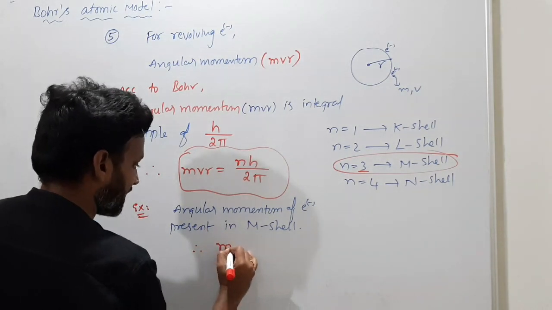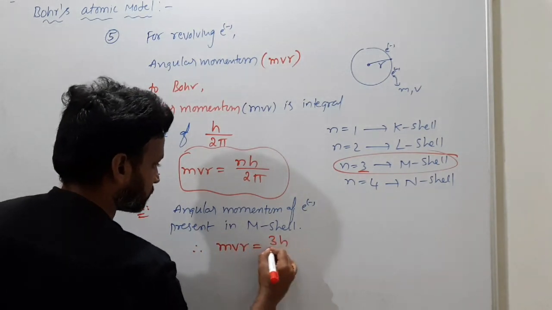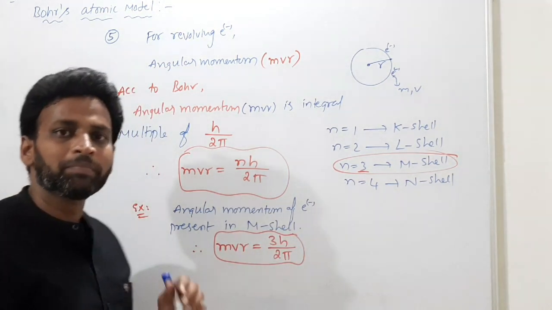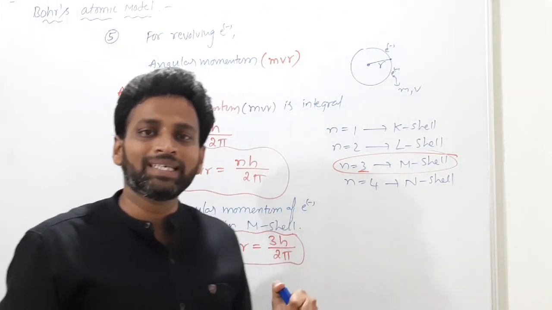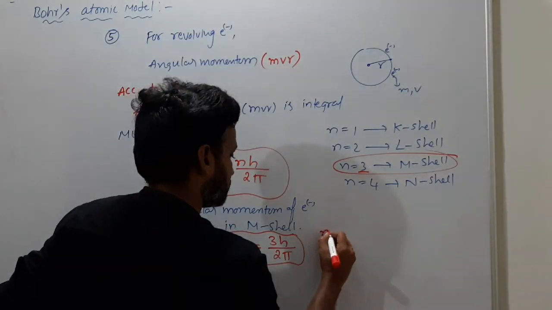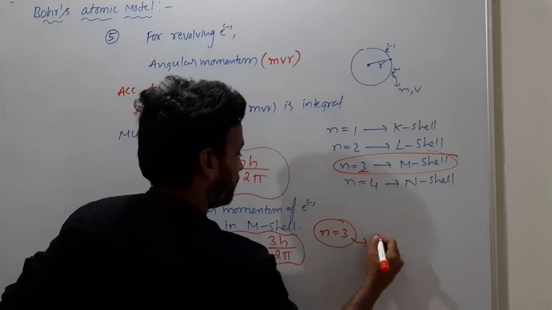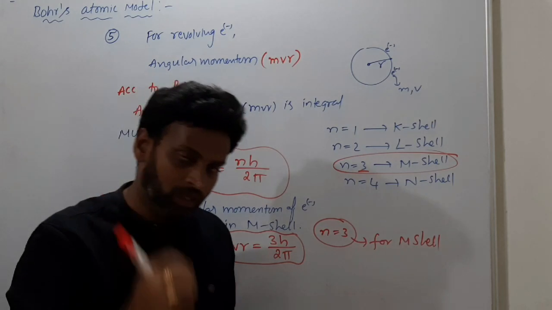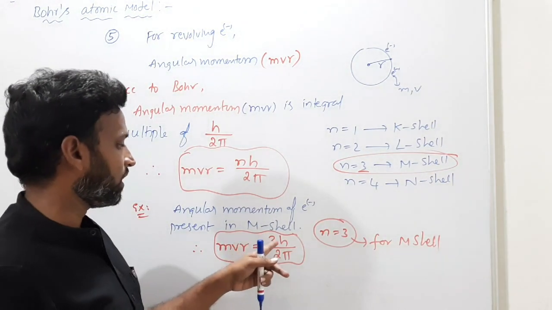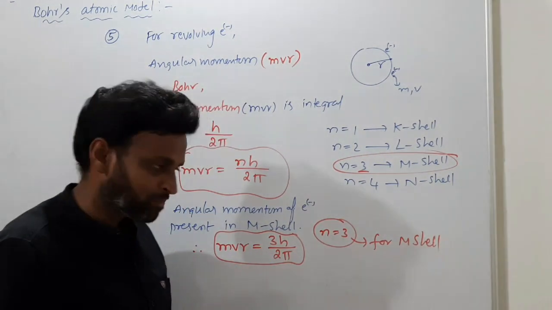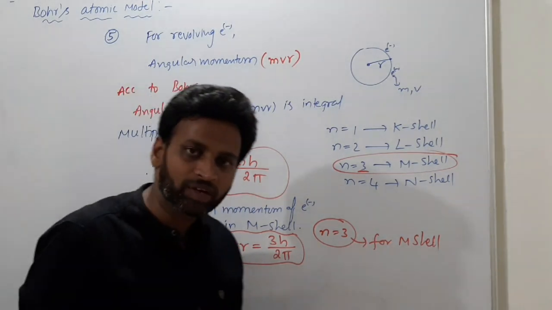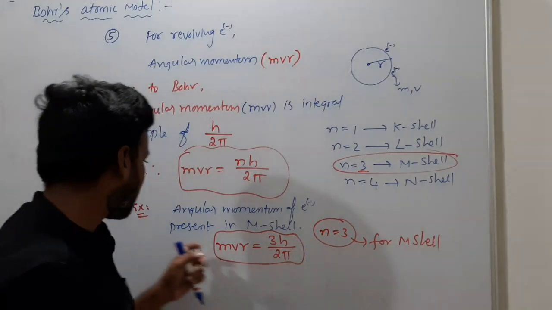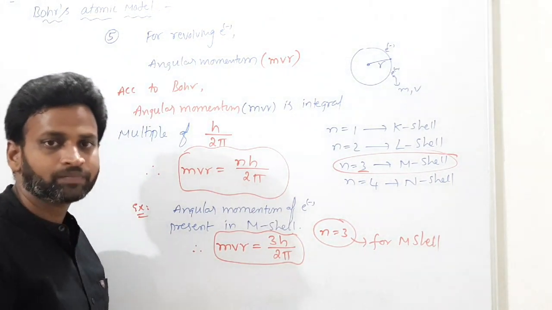Therefore, angular momentum MVR equals 3h by 2 pi, because the electron is present in the M shell, where n is equal to 3. So simply I can write 1.5 h by pi. 3 by 2 is nothing but 1.5, right? So MVR equals 1.5 h by pi, the example I gave here.